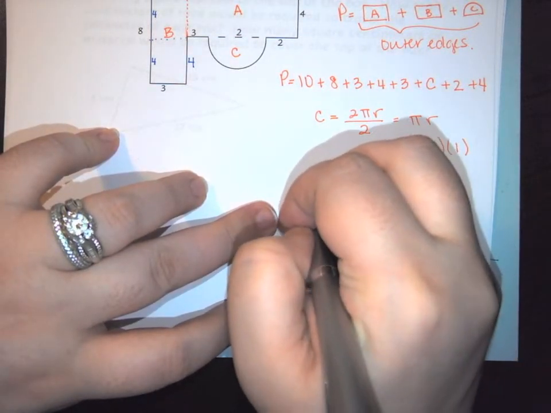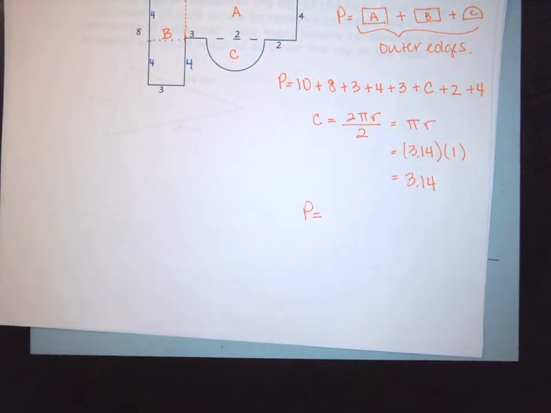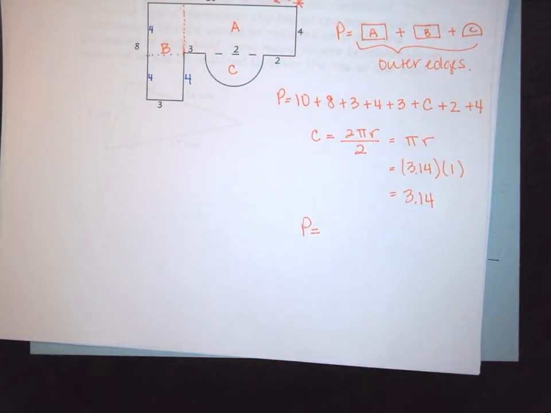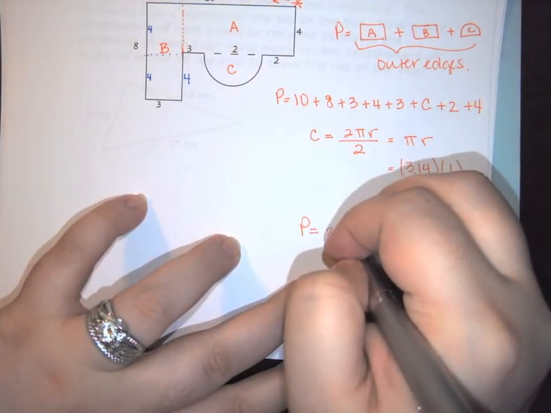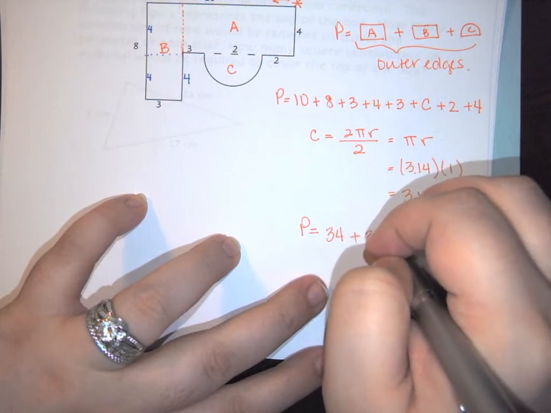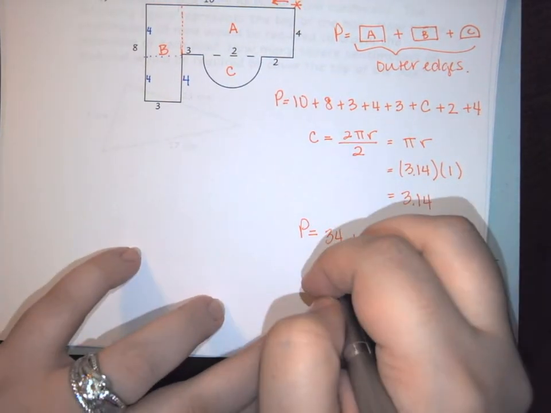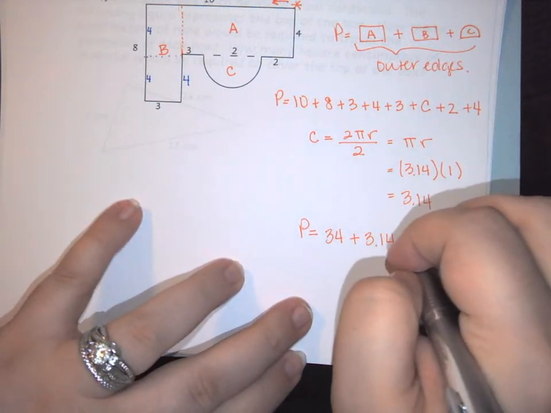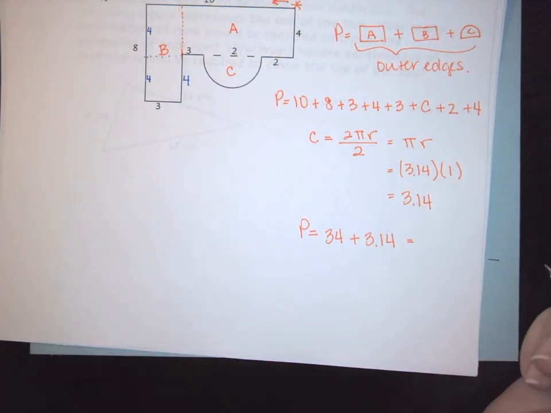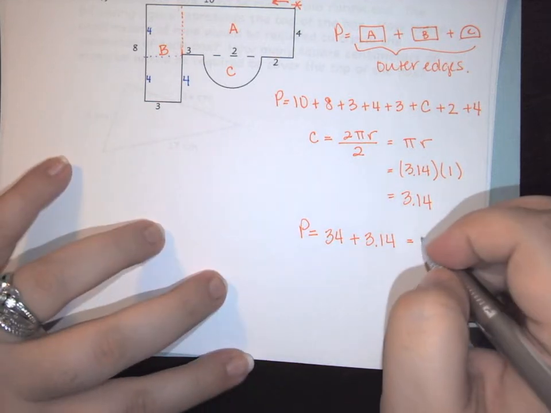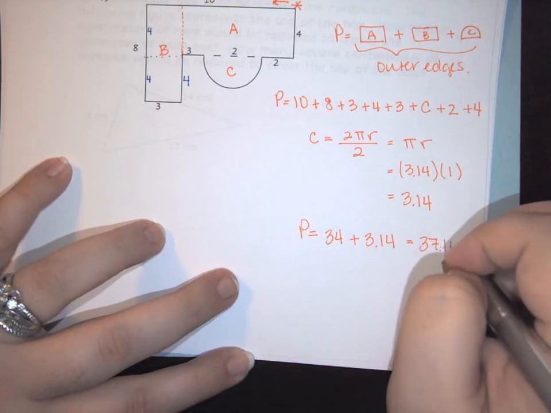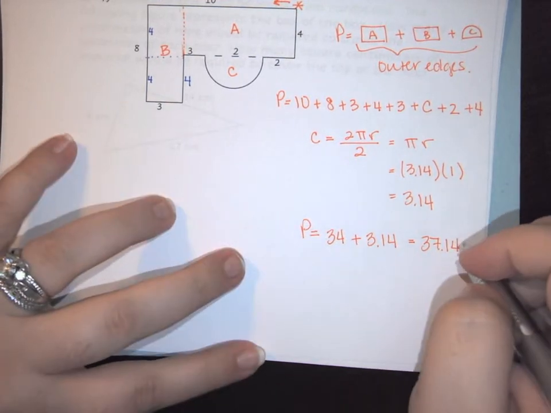So here we have to add everything up. Our perimeter is 10 plus 8 plus 3 plus 4 plus 3 plus 2 plus 4. So this is going to end up being 34 plus my 3.14. So that makes my perimeter 37.14.